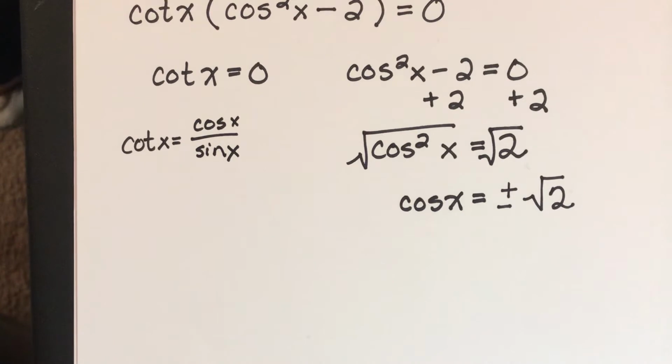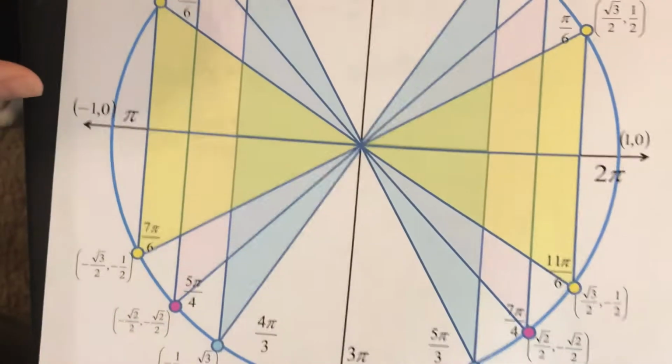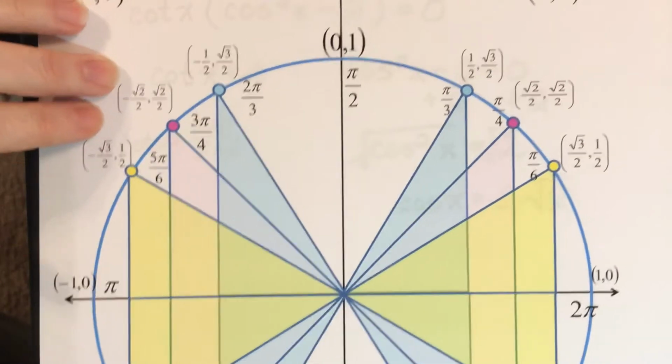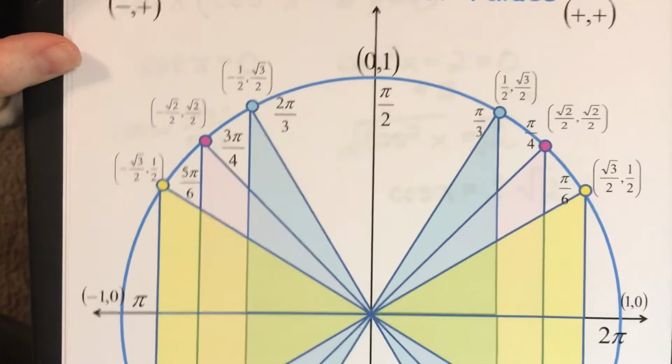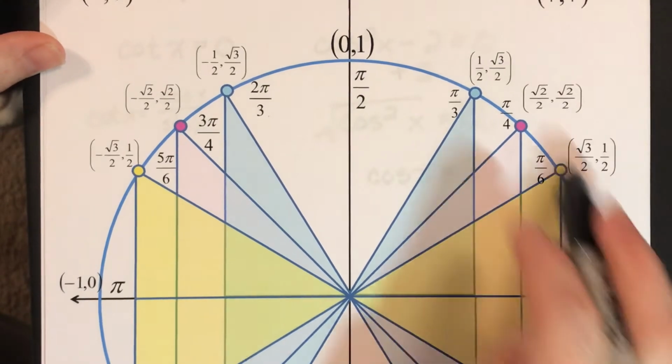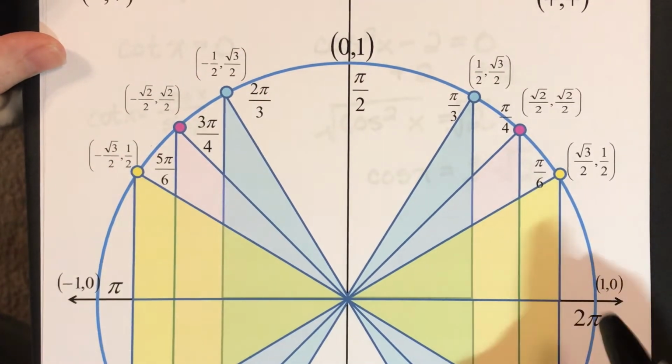So let's look at our circle here. Maybe I don't need to zoom out. We'll look at the top half, because the period for cotangent is also 0 to pi. We don't need the bottom half.